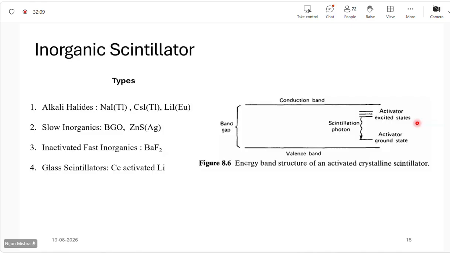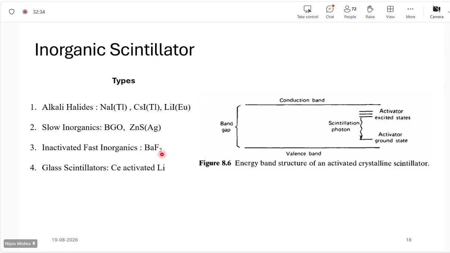Okay, so mainly the types of inorganic scintillator we are using are alkali halides: sodium iodide thallium activated, cesium iodide thallium activated, lithium iodide europium doped. Then slow inorganics like BGO, bismuth germanate, and ZnS(Ag), zinc sulfide silver activated. These detectors are mainly used for alpha spectroscopy or alpha counting.